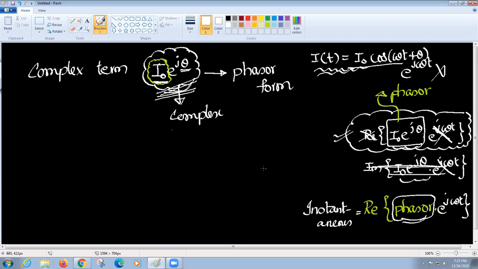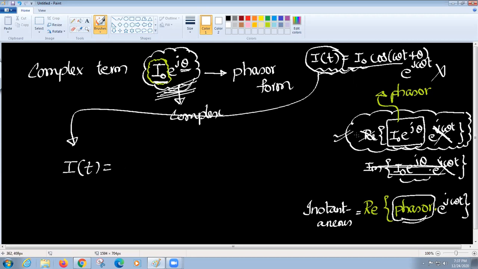So in simple language, I can show this one like this. This I of t, the instantaneous current, is equal to the real part of this because both are the same. So the real part of, now what I have, I naught e power j theta.